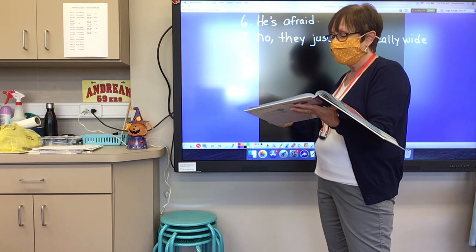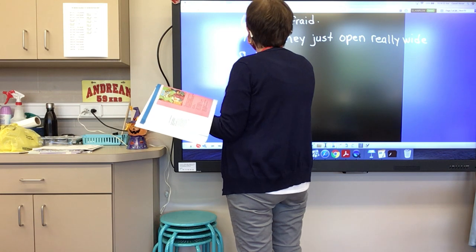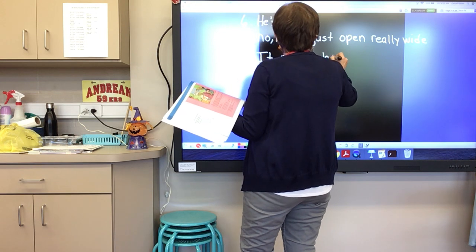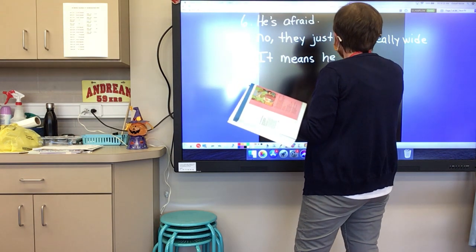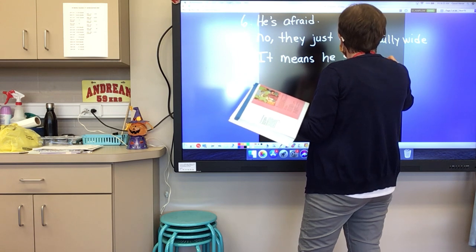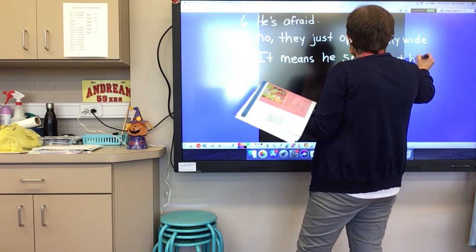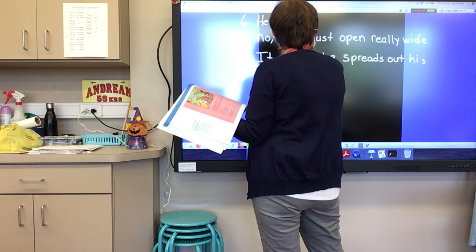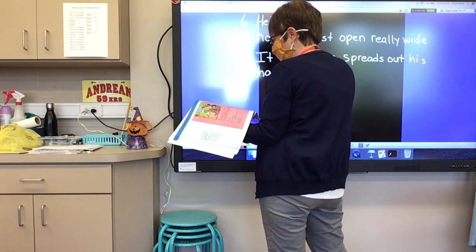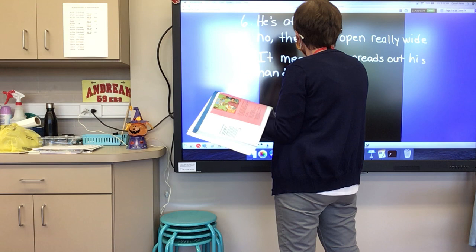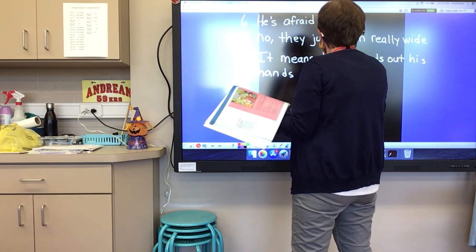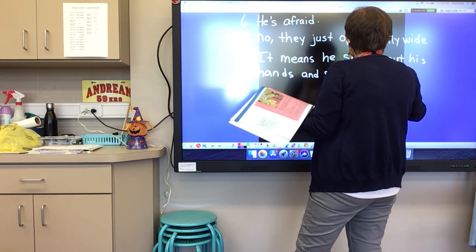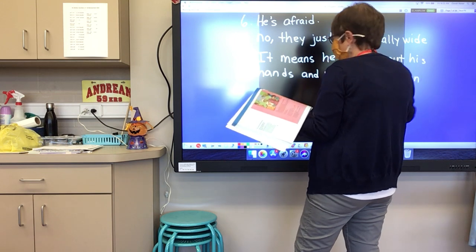So that's what we're going to say. He spreads out his hands. It means he spreads out his hands and sings with emotion and expression.